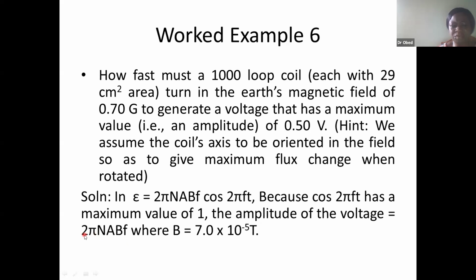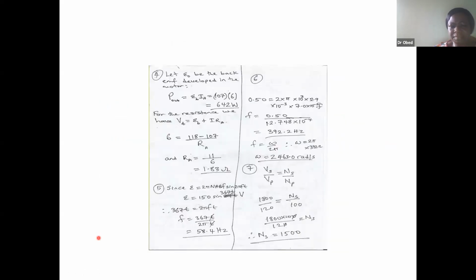Maximum voltage equals 0.05 volts, then over 2 pi NAB. That will give you the frequency. So that's what we have done here.